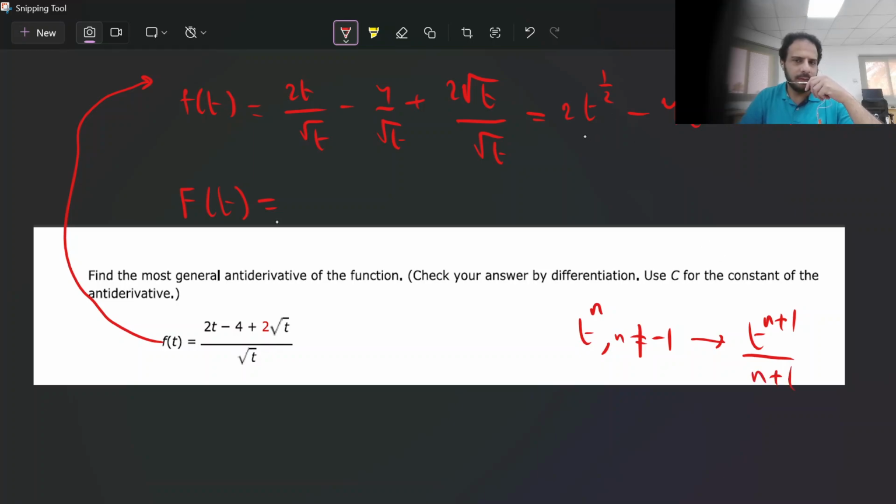So here we have f of t equals 2 times t to half plus 1 over half plus 1, minus 4 t to minus half plus 1 over minus half plus 1, right? Plus 2t.